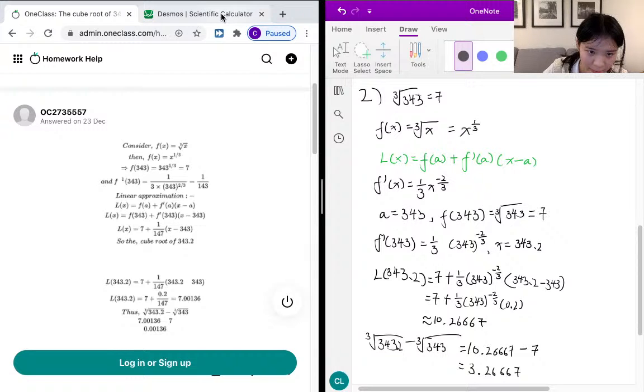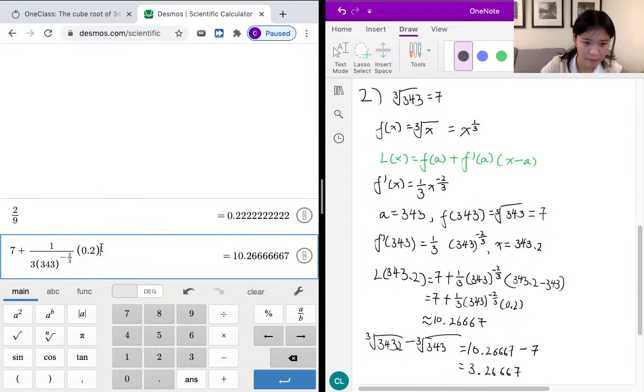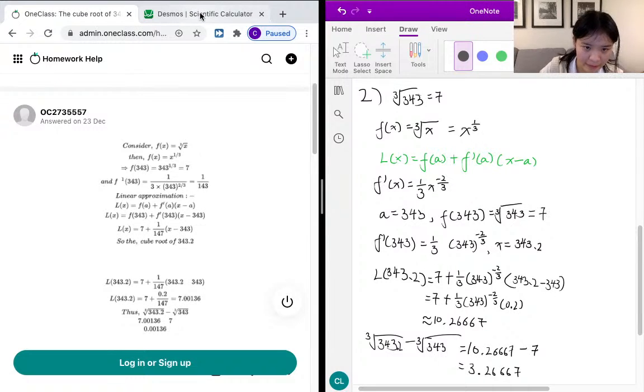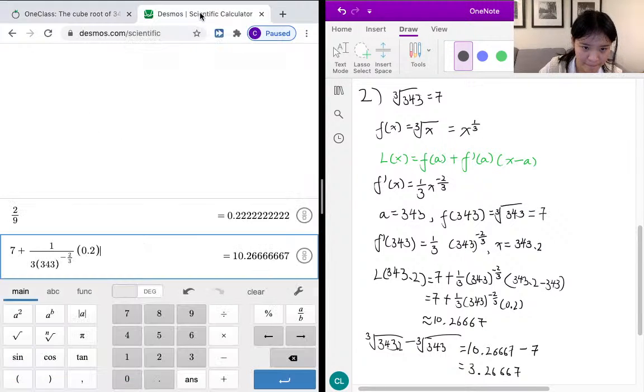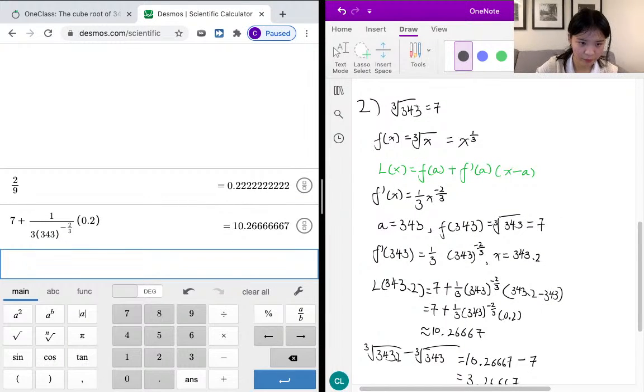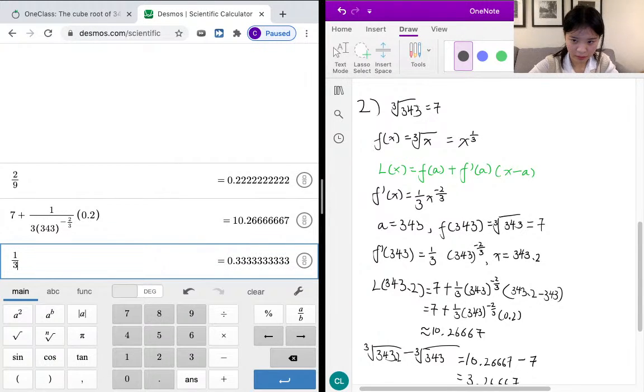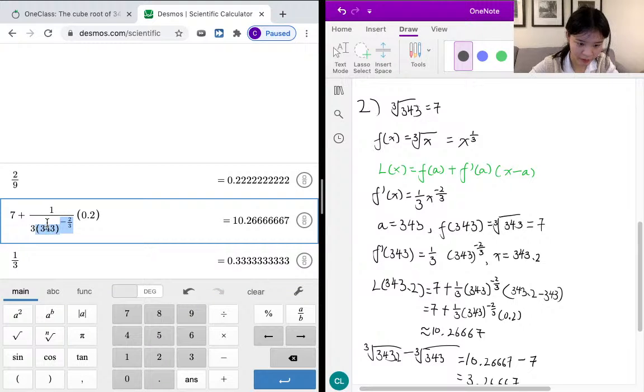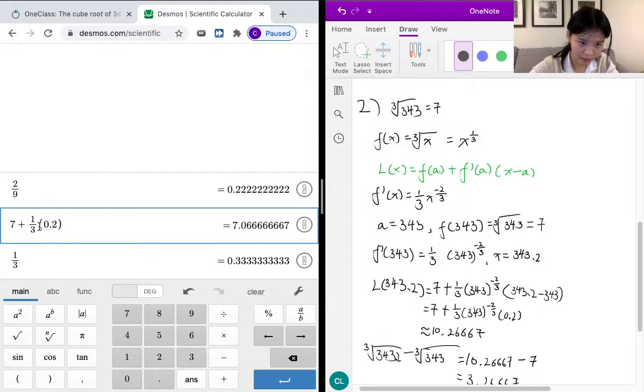So let's see over here. 1 over 3 times... oh shoot, I think our calculation is wrong, because the 3 is supposed to be up on top instead of at the bottom, because it's multiplied.